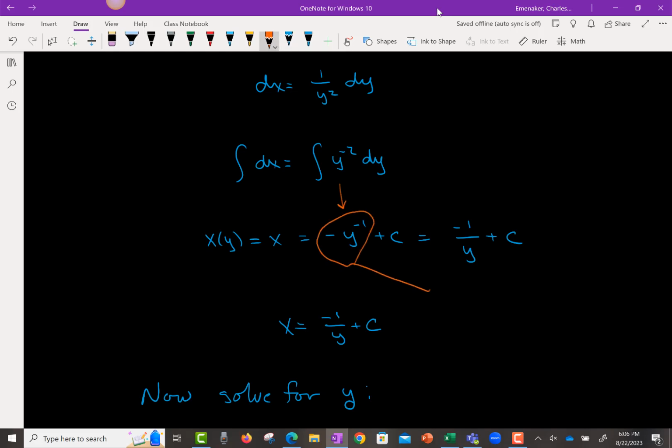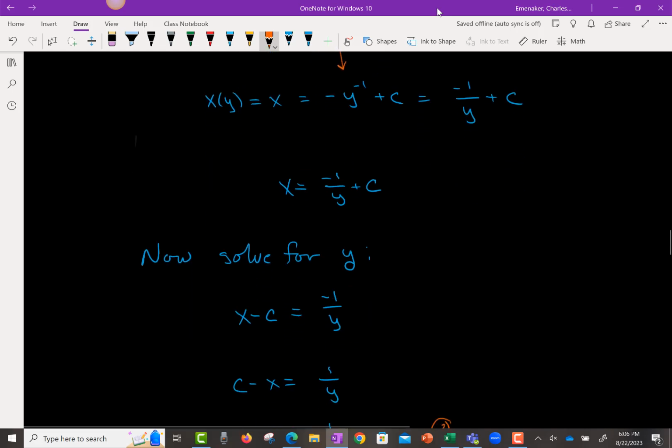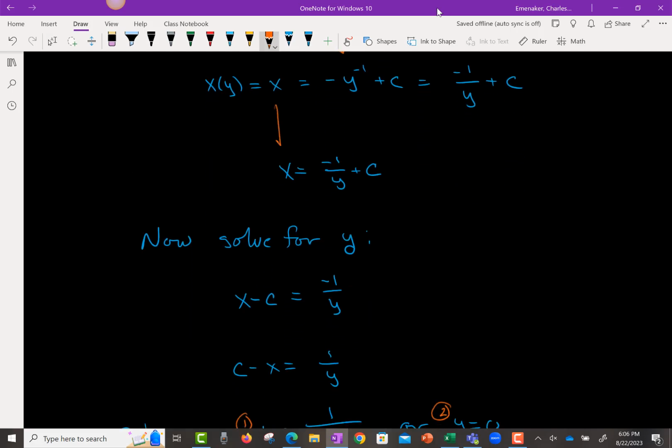And then, of course, we need to include our constant of integration. This can be rewritten as negative 1 over y plus c, which then gives us x is equal to negative 1 over y plus c.